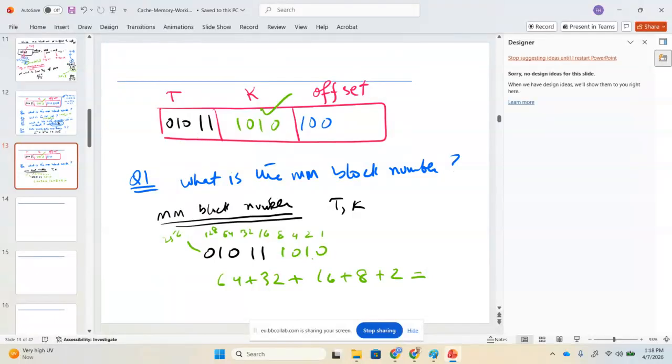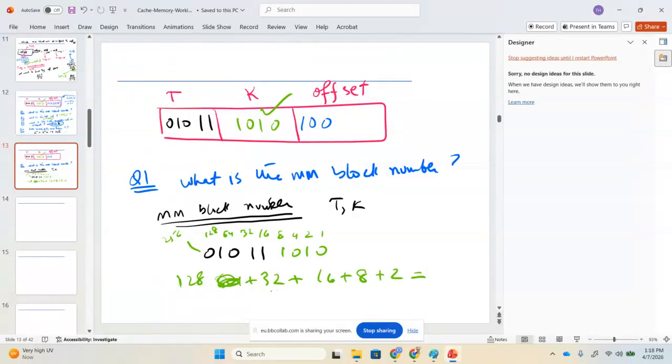101011, so 1 2 4 8 16 32 64 128 and 256. So this is 128. Got it? So 128 plus 32. What's 128 plus 32?